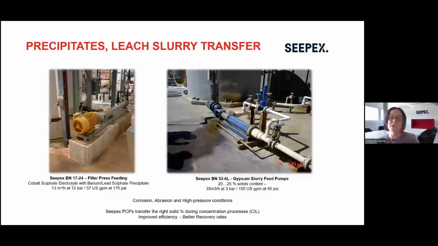So using a progressive cavity pump, we know we can transfer the right solid percentage to this process, making sure the process is efficient.